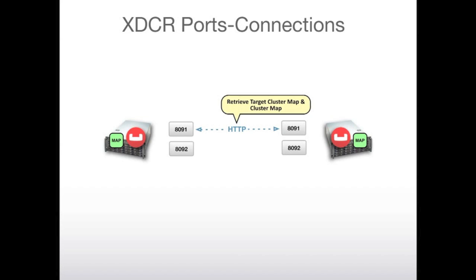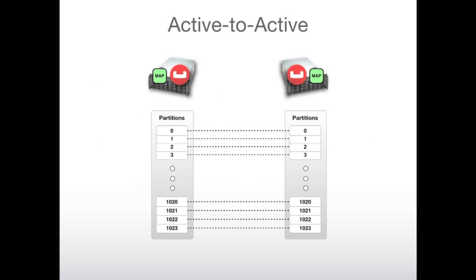So the first thing it does is get the cluster map and configuration of the destination server. That way it knows where all the partitions are located, and then over HTTP it performs the data replication on port 8092. So those are the two ports that XDCR uses, and in both cases it's HTTP.